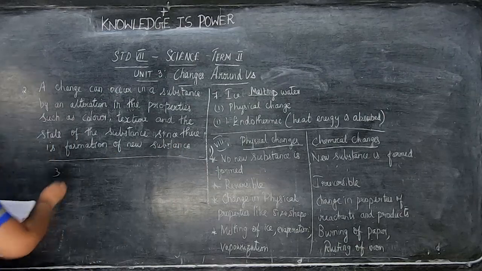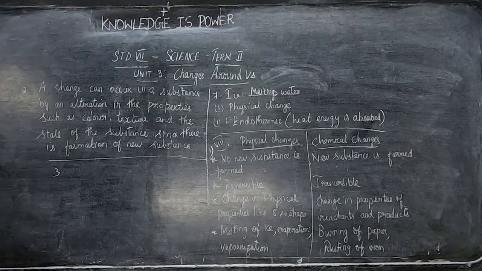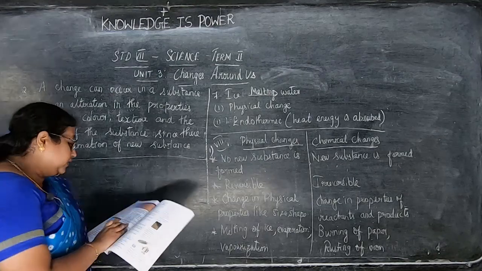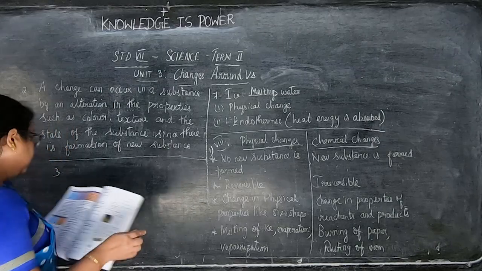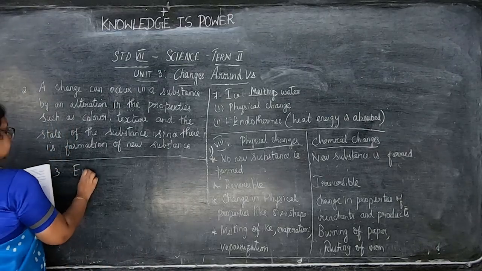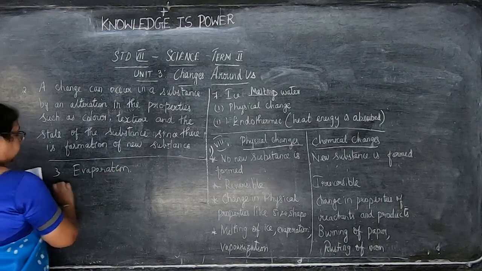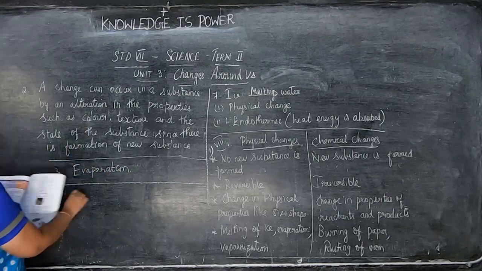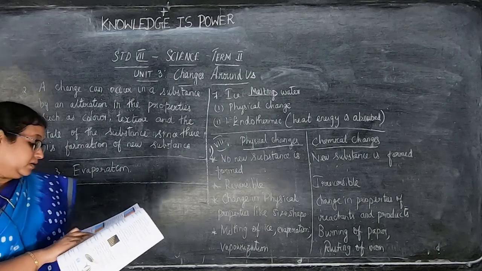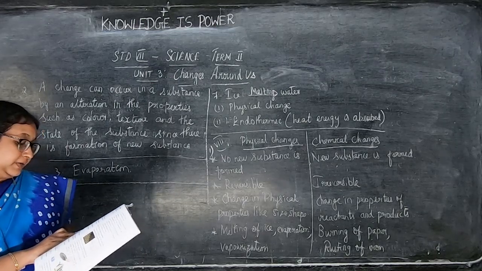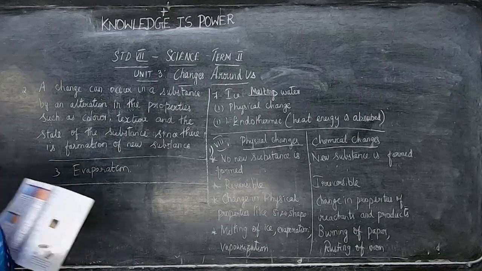Then third is, can you suggest a method to collect water from seawater? Answer is evaporation. Okay. And fourth one. Is a solar eclipse a periodic change? Give your reason. Yes.